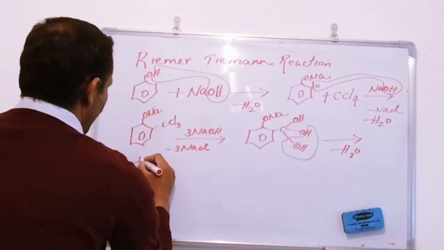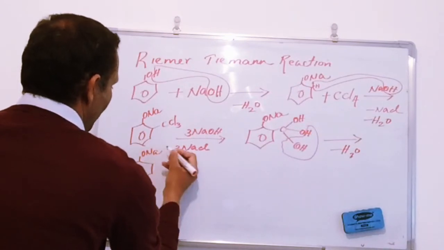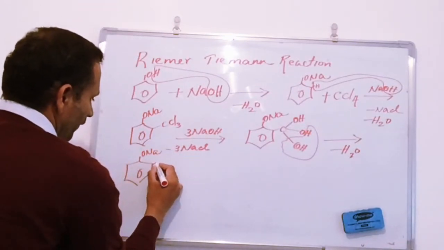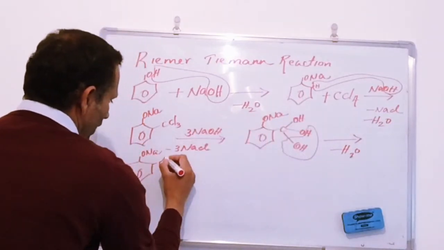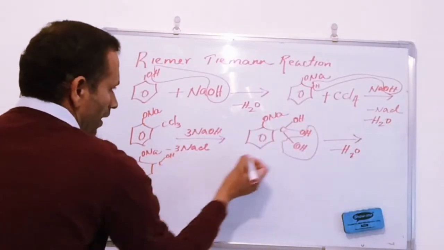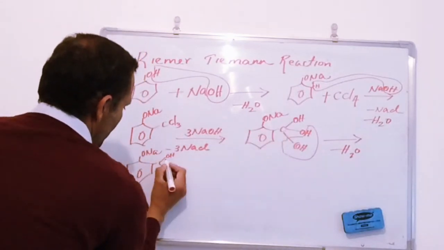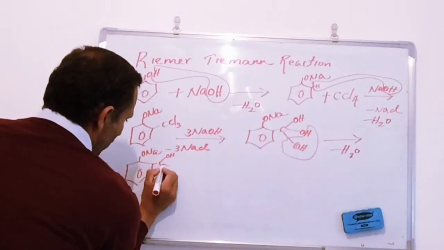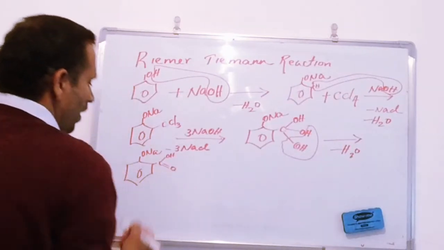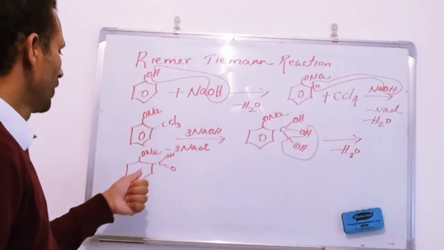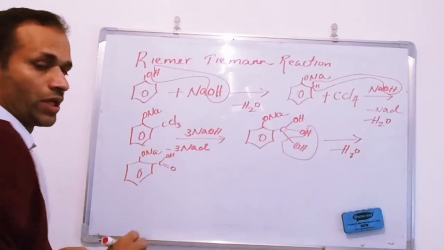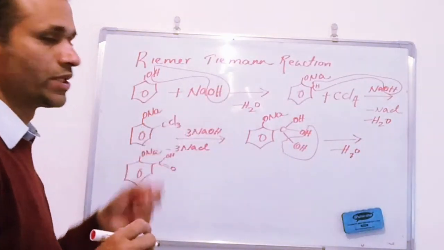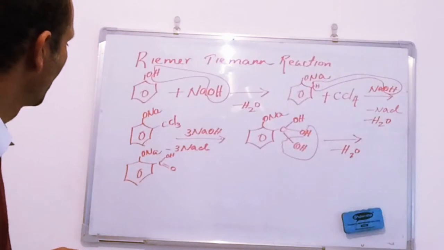It results in the formation of ONa, and here C with an OH group, which I don't want to touch, and here an additional bond is formed between carbon and oxygen. So here COOH, that group is called the carboxylic acid group.